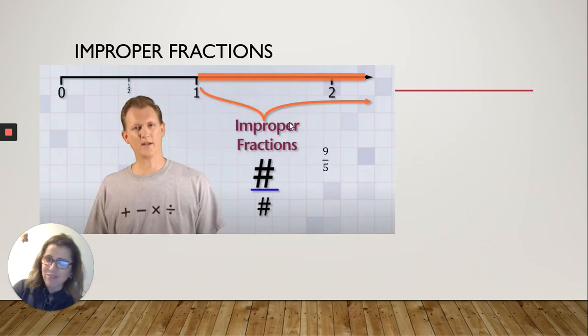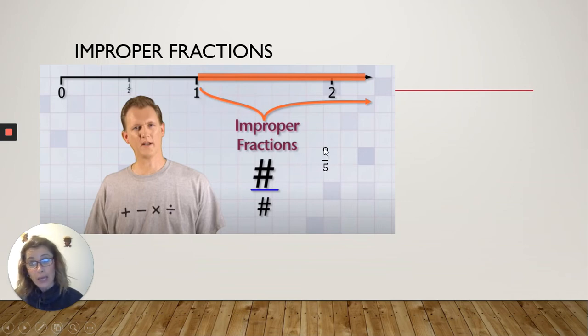Then we have the improper fractions. In improper fractions, the numerator, that is to say the number on top, is going to be greater than the number at the bottom, the denominator. For example, 9/5. This is more, because something that was divided into 5 and you add 9, you add more than 1 whole.